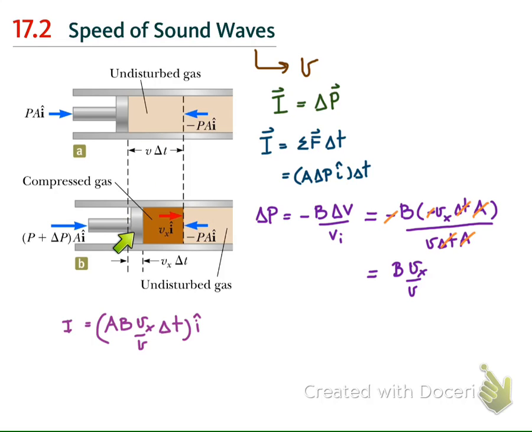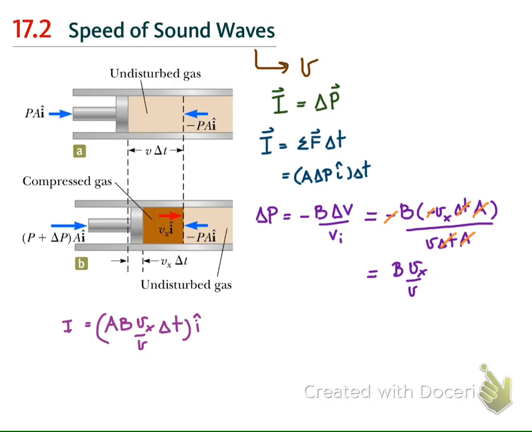After the disturbance from the piston, every molecule in this element is assumed to move with the velocity Vx. So the total momentum of this element is equal to the mass of this element times the velocity of the molecules inside this element.